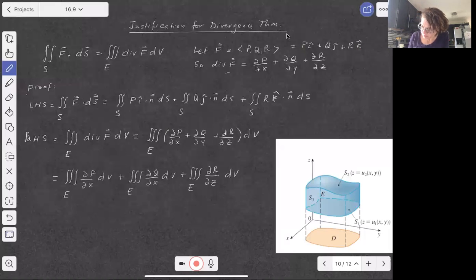I just noticed that this one should be a y. All right, so I have three summands in the first integral, three summands in the second integral.